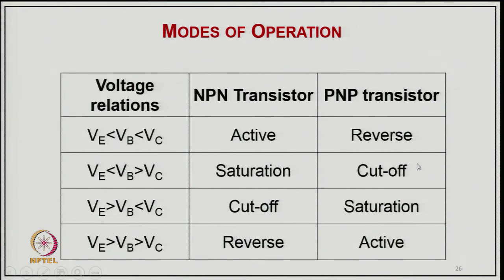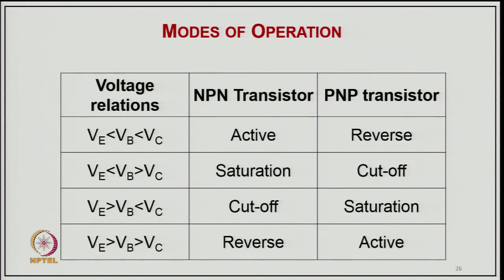Of course, for PNP it will be cut off if VB is less than VE as well as VC, then it goes to cutoff, that is, the switch is off. And if VB is in between VE and VC, it is the reverse active, and then here it will be PNP for the active zone. So, these are the modes of operation for both transistor configurations, NPN as well as PNP.